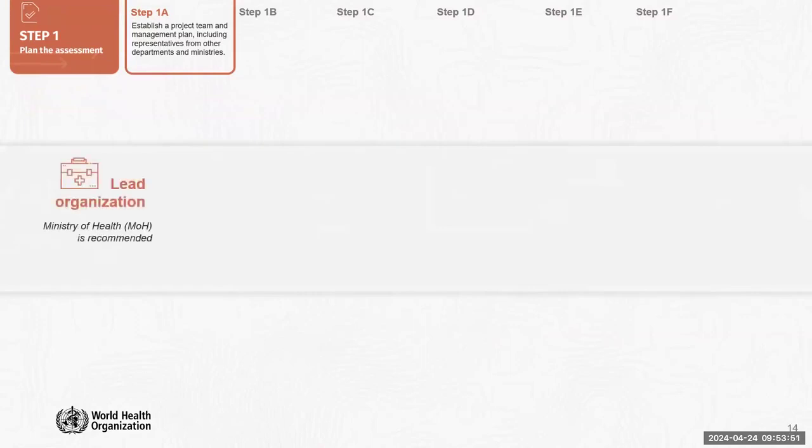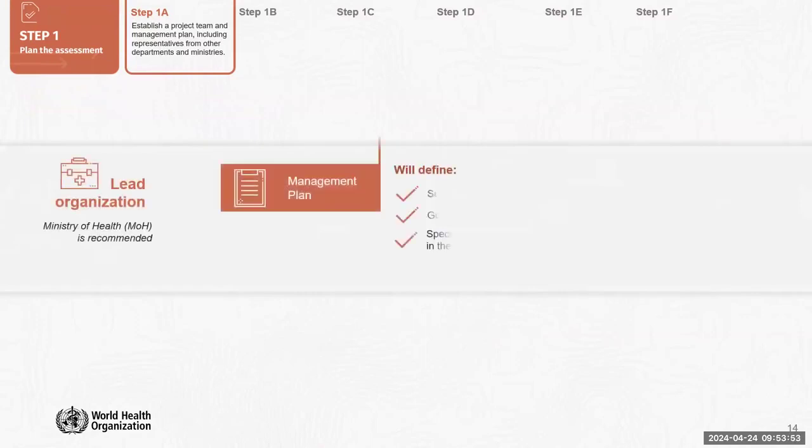So we start with the first step. We want to establish both the team and the management plan, and it's highly recommended that this is run by the Ministry of Health.